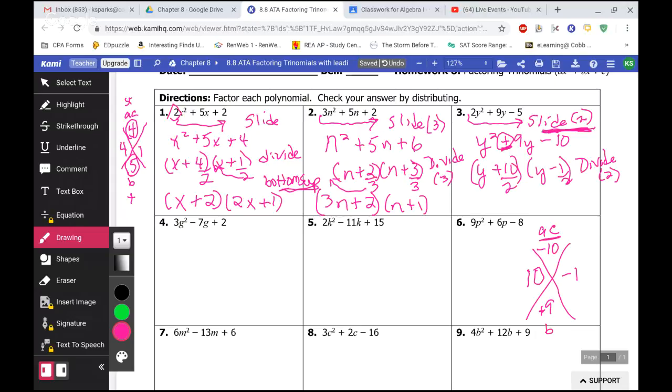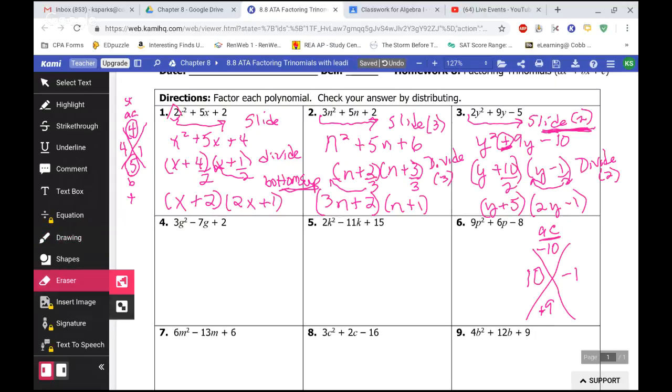That's a perfect integer, so we'll just write it like that. 1/2 is not, so this is where we'll bottoms up. So 2y minus 1. So my final factors for number 3 are y plus 5, 2y minus 1.